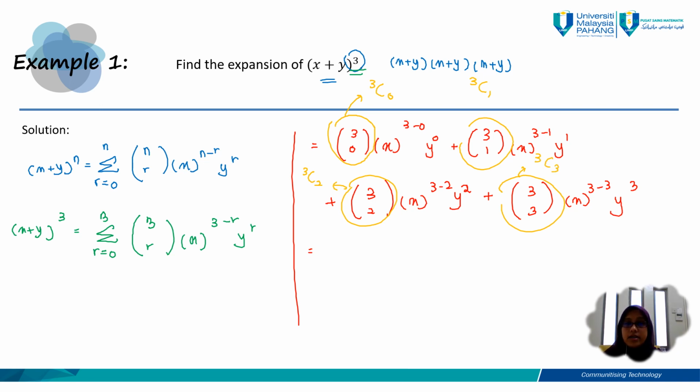You can find the coefficients by using your calculator only. The numbers here we call coefficients, right? So by using the calculator, the answer that I will have is x to the power of 3 plus 3x squared y plus 3xy squared plus y to the power of 3.